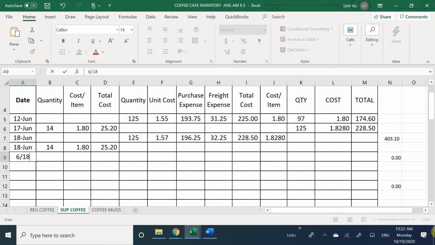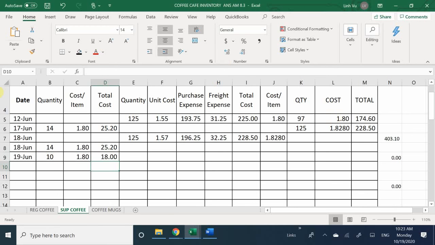So now we got to go ahead and go to my Supreme coffee and also update my inventory here. So June 19, we sold 10 pounds at how much? $1.80, because we're doing the first in, first out rule. That doesn't need to be rounded because it's already rounded. So what's your total amount? $18.